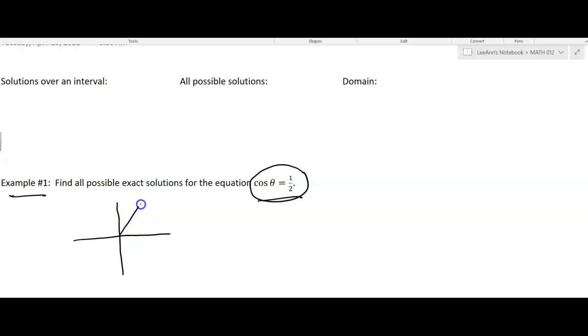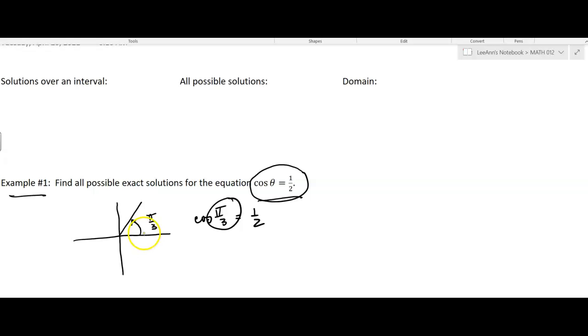Well, in the first quadrant, right here at pi over 3, the cosine of pi over 3 is equal to 1/2. So that would be an angle that has a cosine of 1/2. Okay, so there's one.